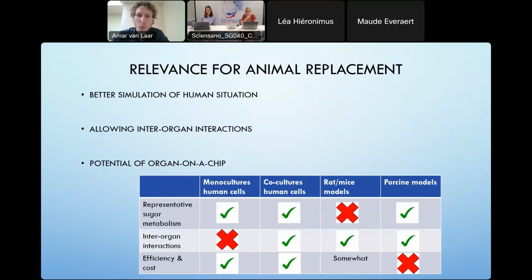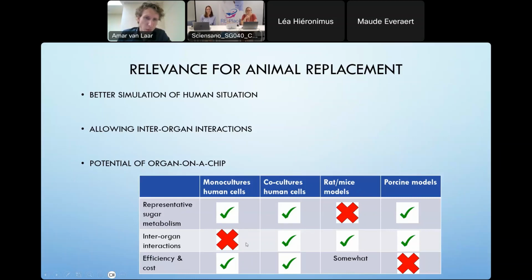I would say more so than a rodent model, because rodents are much more likely to convert sugar into fat, which is problematic if you're testing non-alcoholic fatty liver disease development in humans. And if you would need a model for sugar digestion, you would already need to start using pigs.